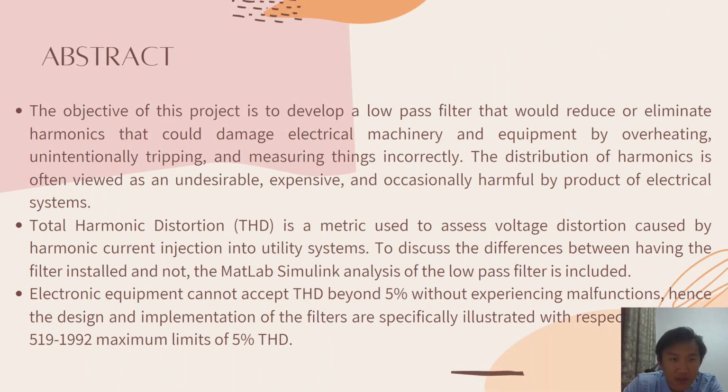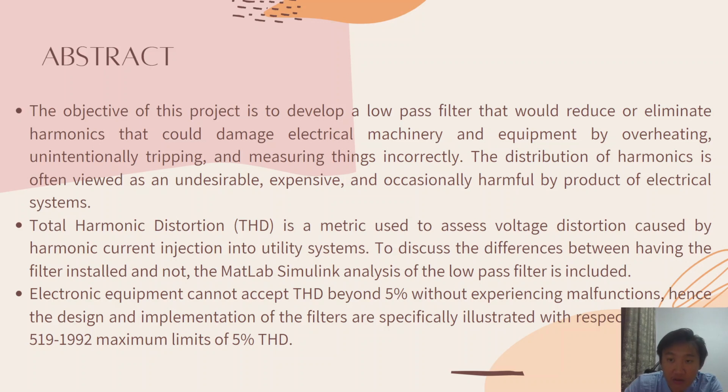The objective of this project is to develop a shunt active harmonic filter that could reduce or eliminate harmonics that could damage electrical machinery and equipment from overheating, unintentionally tripping, and measuring things incorrectly.